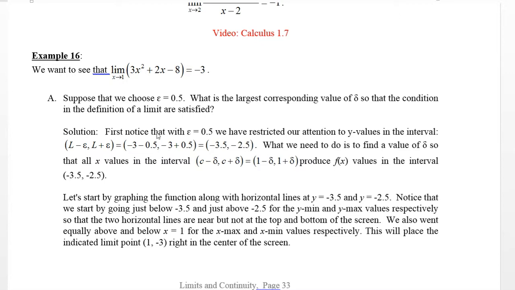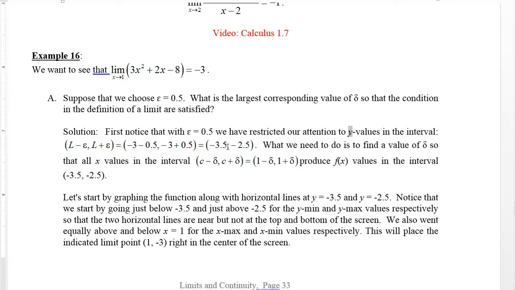The first thing we want to notice is that with an epsilon of 0.5, we've restricted our y values into an interval from L minus epsilon to L plus epsilon. In this case, L is negative 3 and epsilon is 0.5, so on the bottom that's negative 3.5, and on the top, L plus epsilon is negative 2.5.